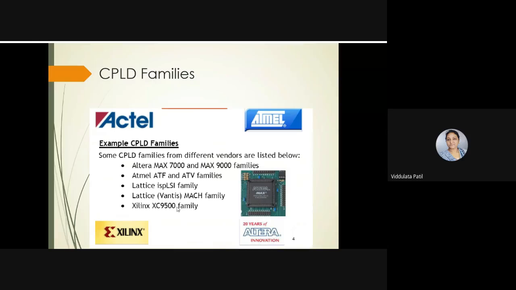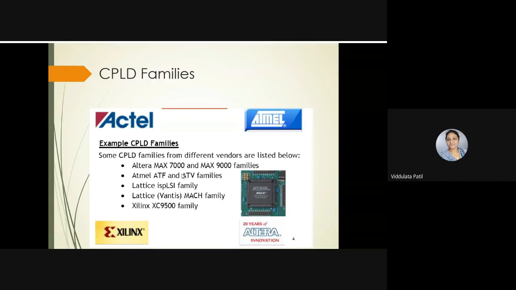You can see Atmel, then HDL. These are some of the CPLD manufacturers. Then Altera. Some of the CPLDs are Altera Max 7000, Altera Max 9000, and Altera Max 5000, which is also one family of CPLD.